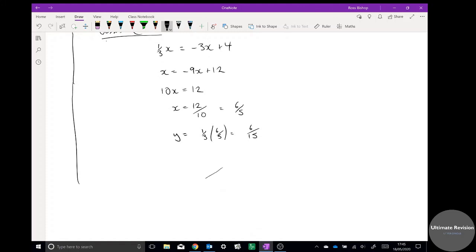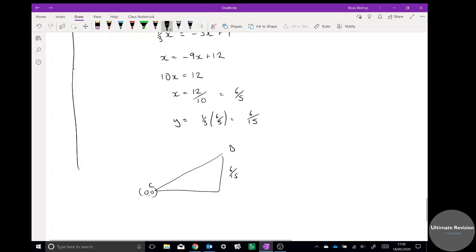Okay. Now I've got the coordinates. Now I can create a right angled triangle because I know that it goes from 0, 0. That was C. That's D. I know my y coordinate is 6/15, so my x coordinate is 6/5. So this is modulus z, that's what I'm trying to work out.